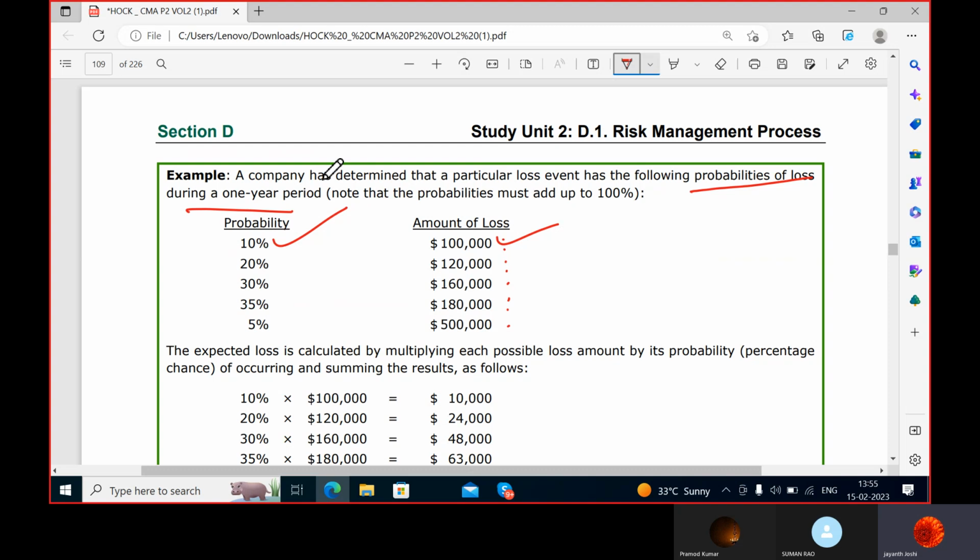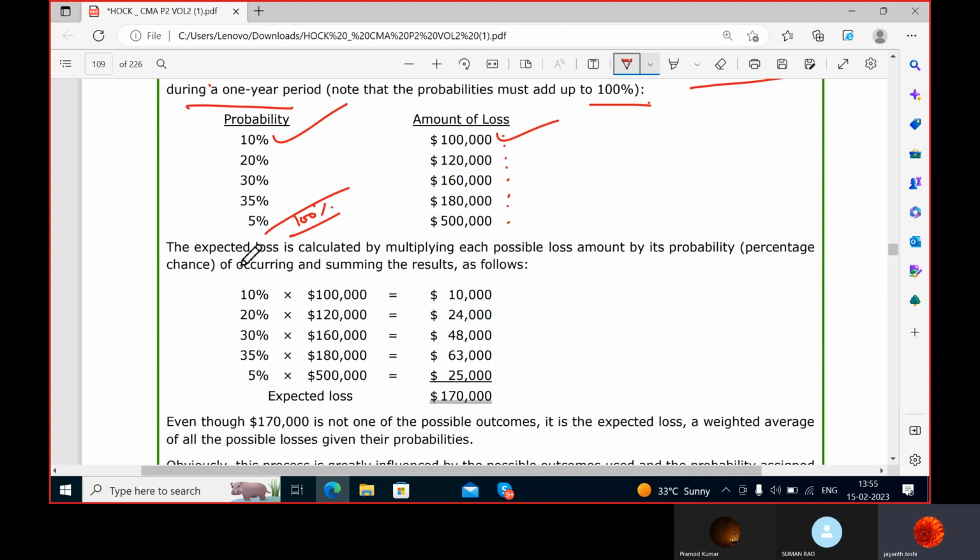So the company has determined that a particular loss event has the following probabilities of loss. Probabilities must add up to 100%. That is always a known fact. And to find out the expected loss, you have to multiply the probability with the loss amount. Understood? Yes, sir.